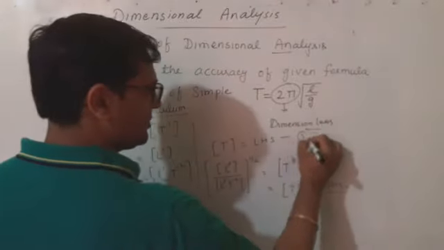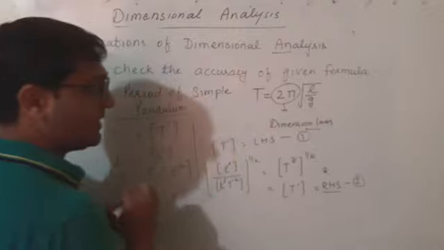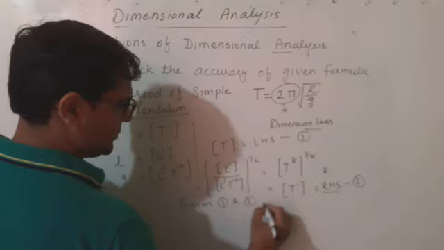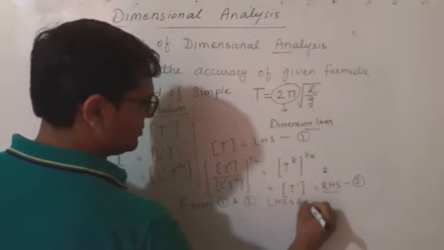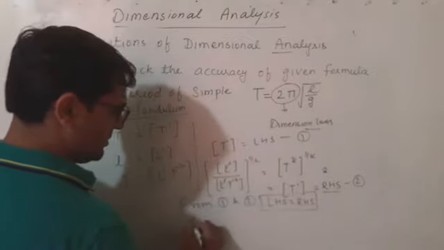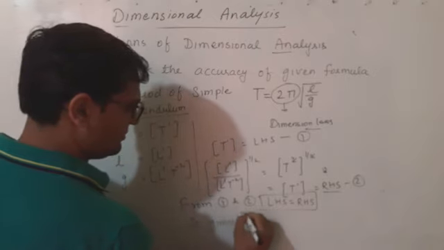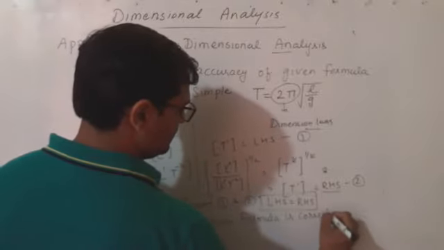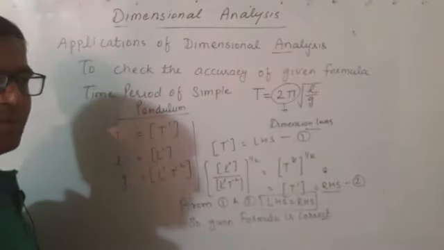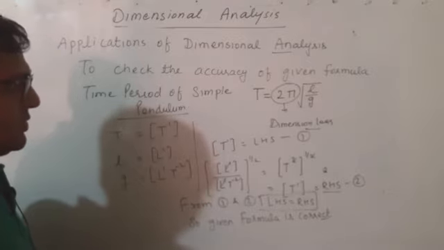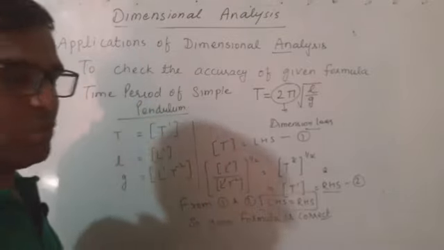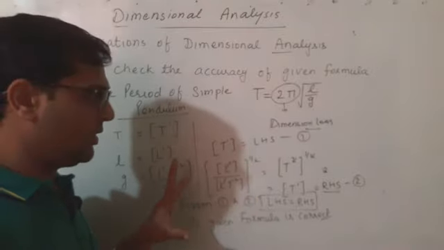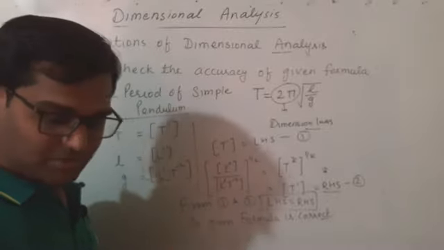So from 1 and from 2 we can say that the left hand side is equal to the right hand side. So the given formula is correct. These are the steps. We have to verify whether the left hand side and right hand side are equal or not according to dimensions.